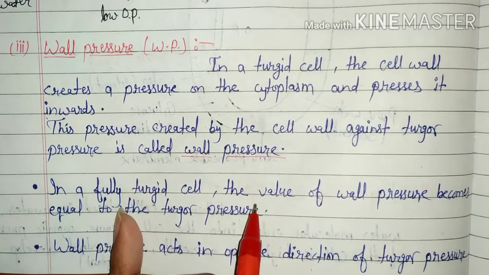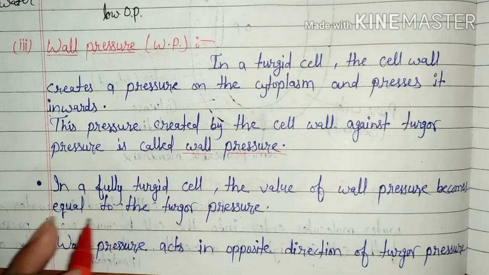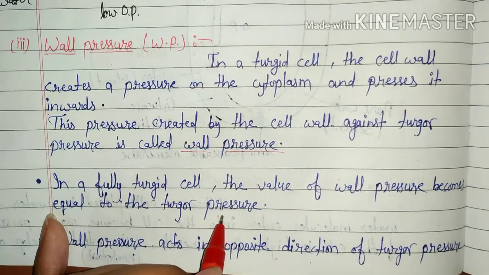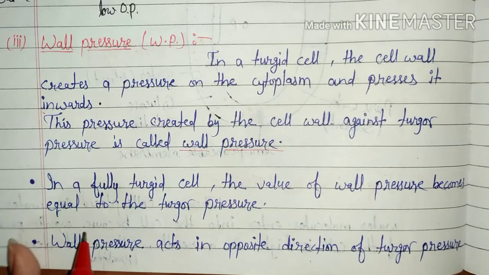In a fully turgid cell, the value of wall pressure becomes equal to the turgid pressure. So, wall pressure acts in the opposite direction of turgid pressure and thus prevents rupture of the plant cell.